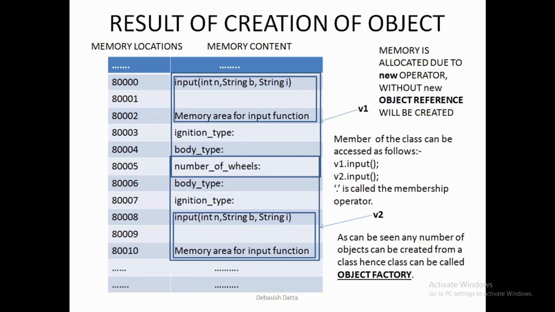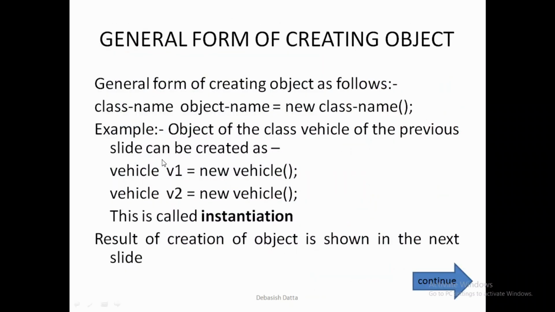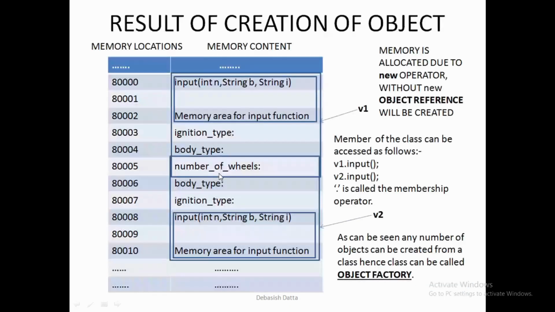As you can see in this line, V1 and V2, these two objects are created using the new operator, and as a result these memory reservations happen for V1 and V2.